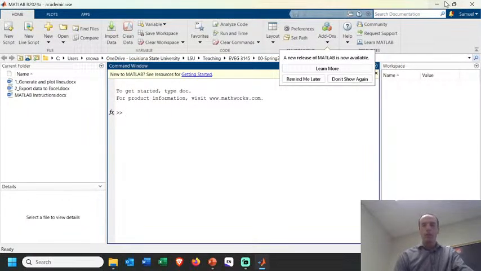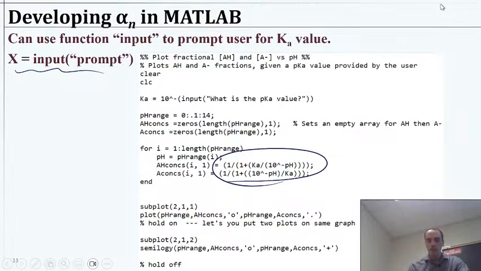All right, so let me just explain real quick. This script that I'm going to talk through and show you is going to plot some fraction of HA versus A minus. I said water. I lied. I'm sorry, this is not for water. I have that in a different thing, and I think I already showed you that. So this is basically the HA versus A minus.